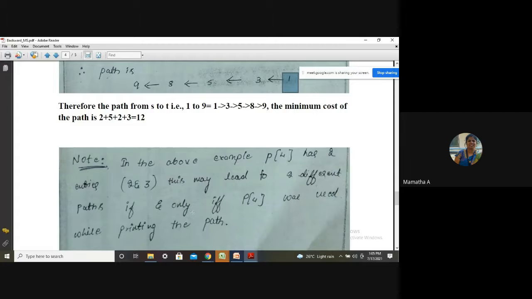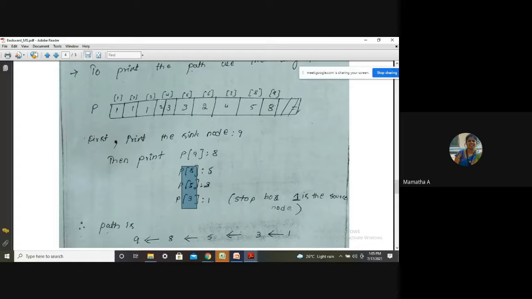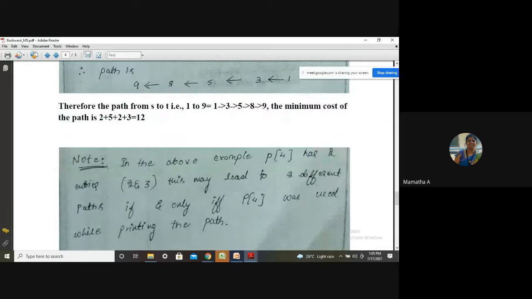So I mean to say, somewhere if you would have encountered P of 4 here, then you would have taken two paths. One from 4 reaching 2 and the other path from 4 reaching 3. So you have to consider two paths. In the above example, P4 has two entries, 2 comma 3.